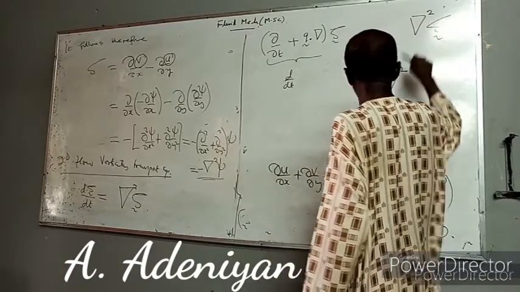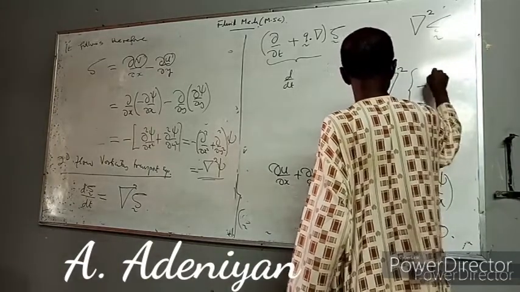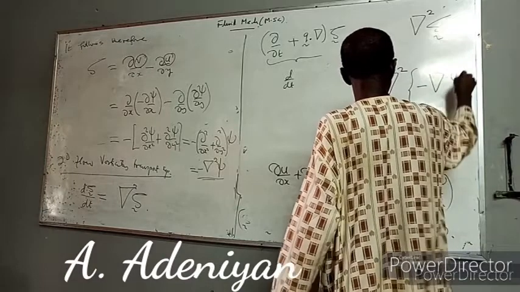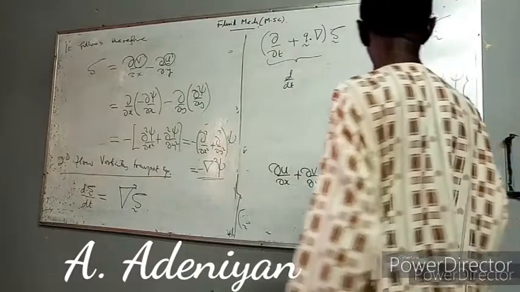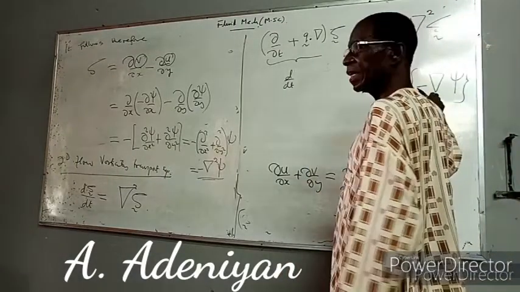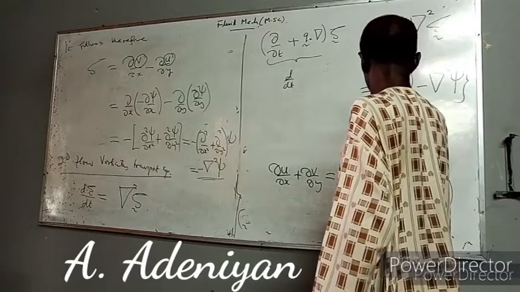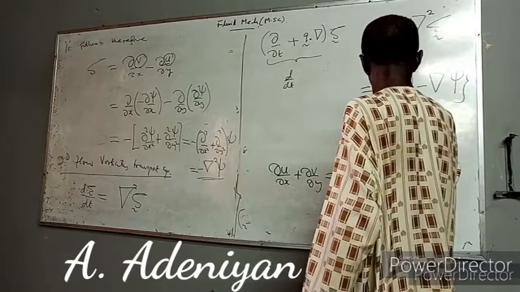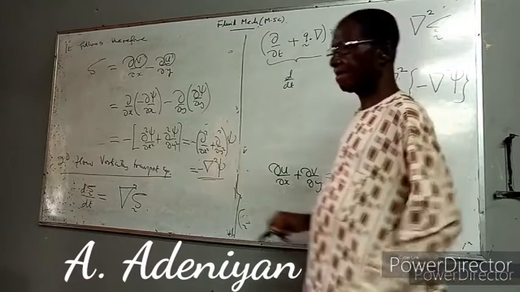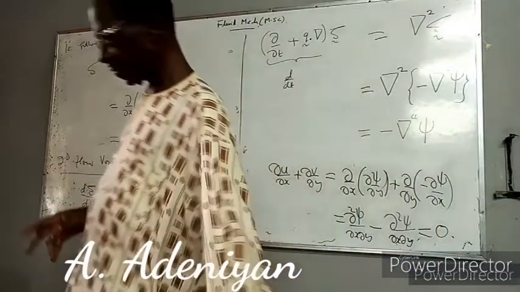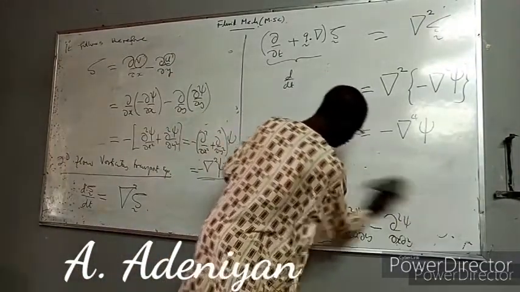If you substitute for this, minus, so this is scalar, this one is scalar, this is also scalar. So the answer is what?